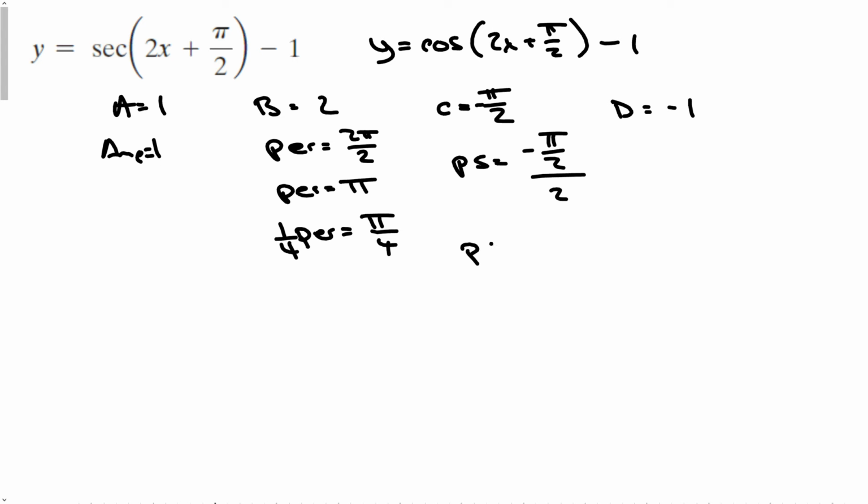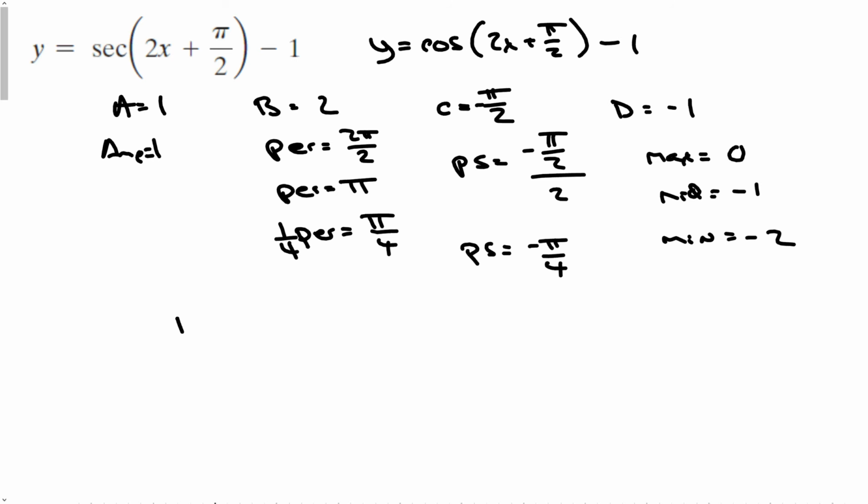So phase shift is going to be negative pi over 4. And D is -1. So the max is 0. The middle is -1. And the minimum is -2.